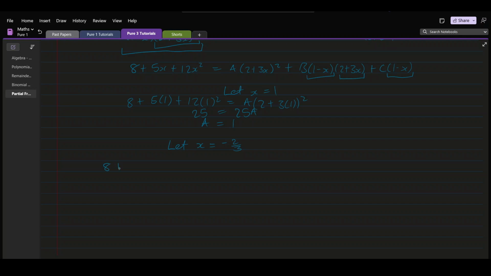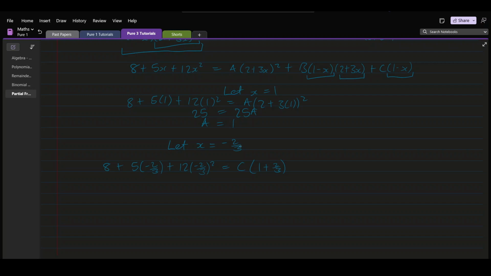So that's 8 plus 5 times negative 2/3 plus 12 times negative 2/3 squared is equal to c times 1 minus minus 2/3, so 1 plus 2/3.